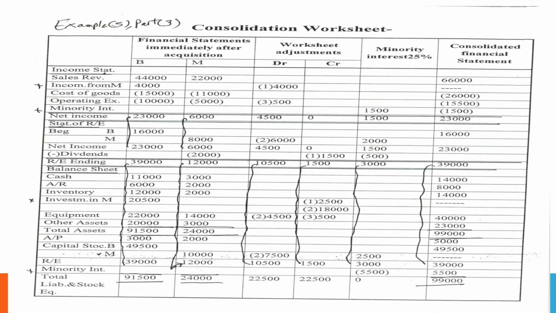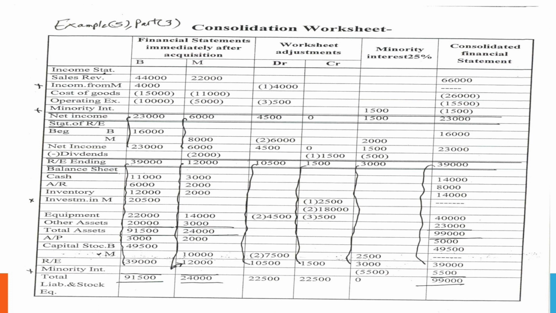The difference between 18,000, this one and this one, it gave you 4,500. This one, valuation differential, minus revaluation increment for the equipment, 6,000 times 75% gives you, that means in this example there is no goodwill, okay?